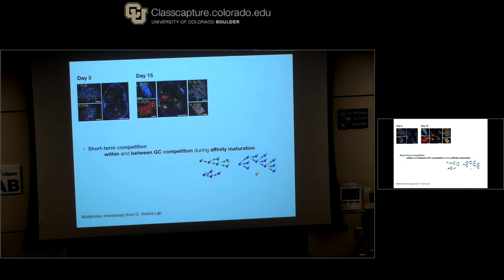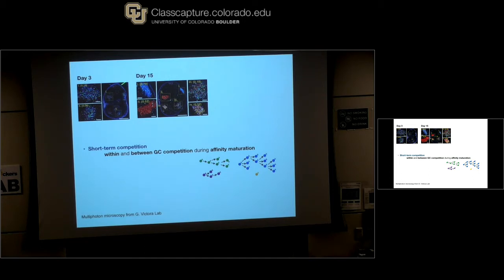You can go under the microscope and look at these colorful B cells and look at the dynamics at different time points. This is a lymph node that you see. And these are colonies of BCRs that initially are pretty diverse because they express different colors. That's day 3 after introducing some artificial antigen in a mouse.